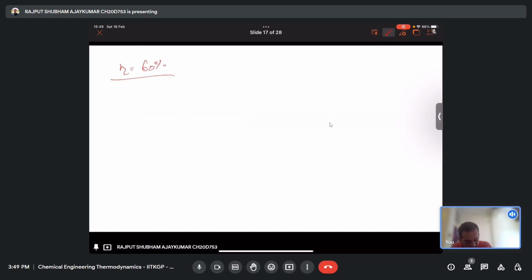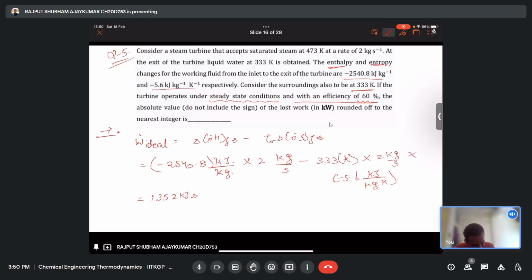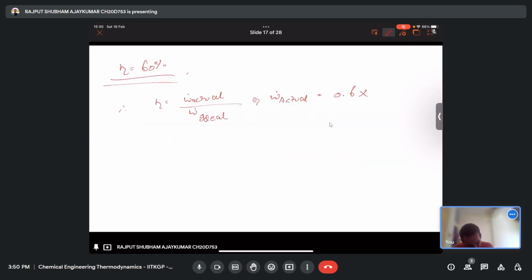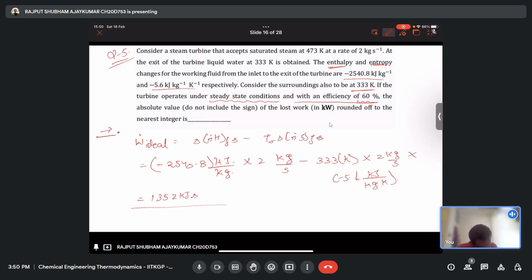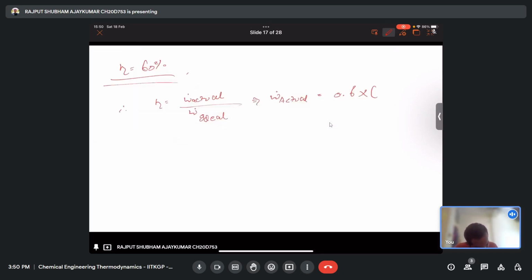Efficiency is equal to the work done during the actual process divided by the work done during the ideal process. So the actual work done is 0.6 times the ideal work, minus 1352.